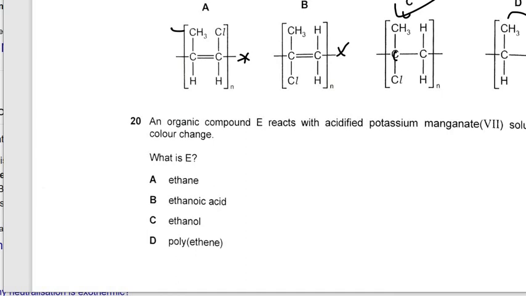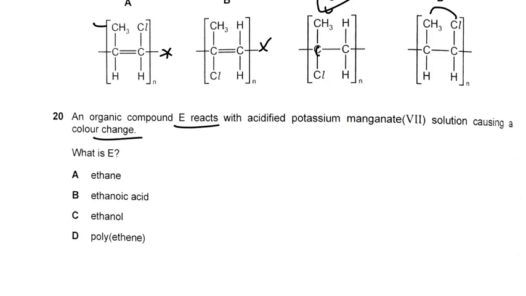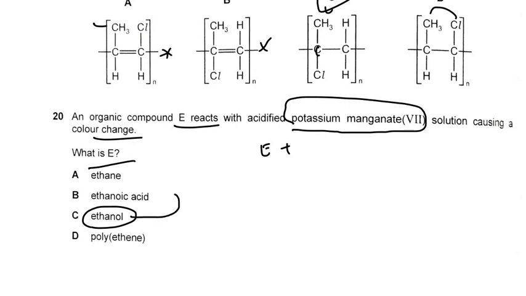As you can see, question number 20: organic compound E reacts with acidified potassium permanganate solution and gives you a color change, right? So E is reacting with what? Potassium permanganate. It's an oxidizing agent. So whatever you give, it is going to oxidize. So let's see here. You will get ethanoic acid, ethanol. So ethanol can be oxidized, yes, and it will give you ethanoic acid.